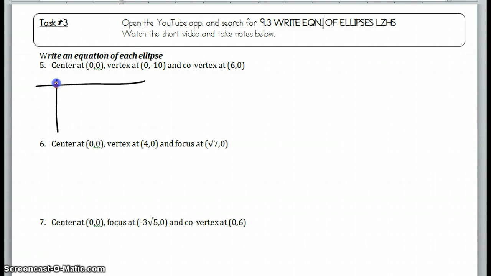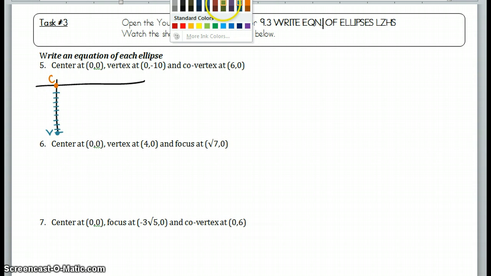So again, we have a center of (0, 0). We have a vertex of (0, -10). And we have a co-vertex of (6, 0).